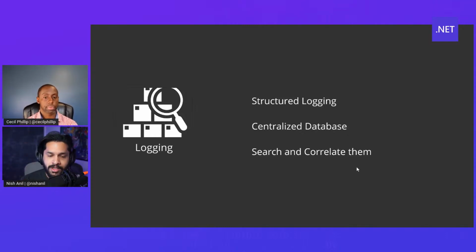That also means you should be able to search and correlate them, which is a key aspect. How do you correlate one thing to another so that you can make sense of those logs? If you just go to the centralized database and search for information, you find so much noise. So again, it's another skill to relate and make sense of the situation.